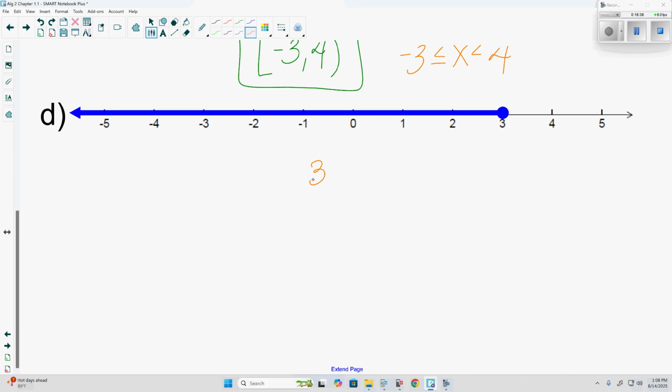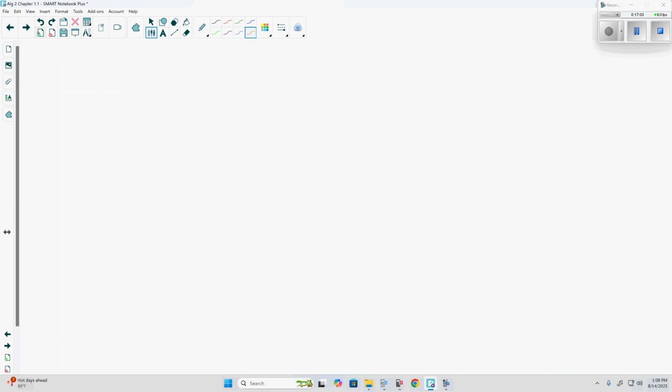Do we put the negative infinity to the left or the right of the 3? The left, because smaller numbers are on the left, bigger numbers on the right. The 3 is included, so it would be a bracket. Negative infinity is not, so we would put a parenthesis. We feel good with this here? All right.